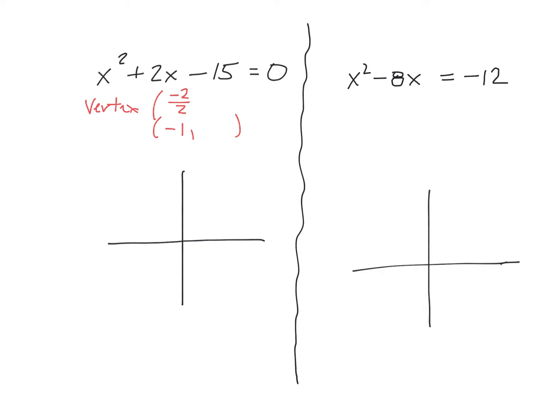If I plug negative 1 back in for x, I'd have negative 1 squared, which is a positive 1, plus 2 times negative 1, minus the 15. Putting this together, I would have a y coordinate of my vertex of negative 16.